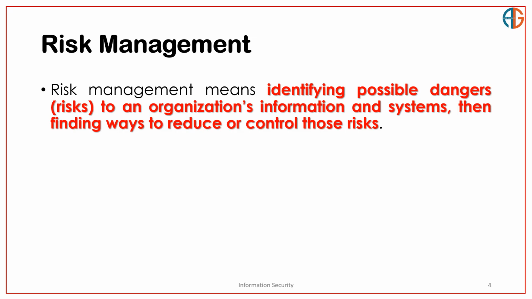So in short, it means identifying the dangers which are going to affect the organization's information system, and then finding possible ways to reduce or control those risks. We will not be able to eradicate a risk 100%, but we can find alternate ways to reduce it.